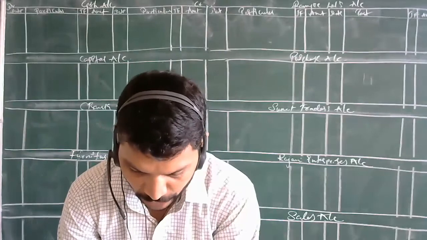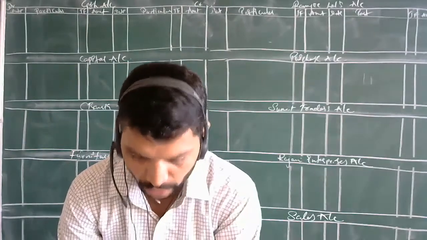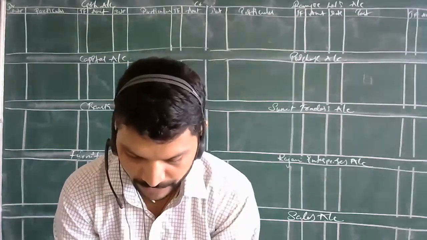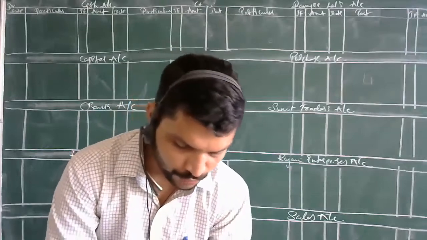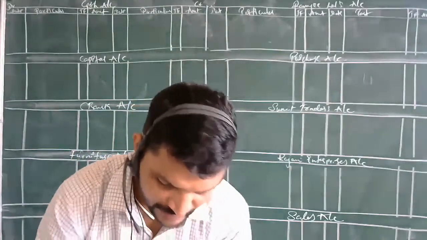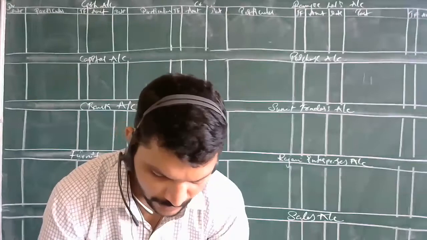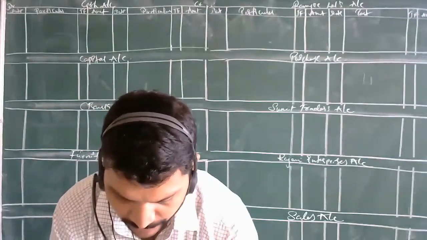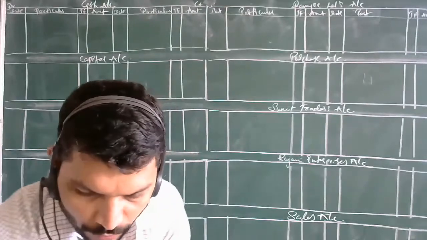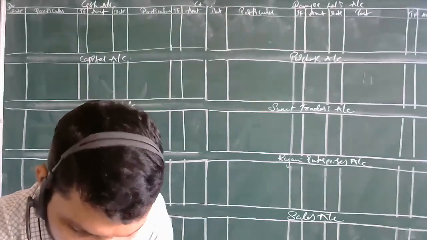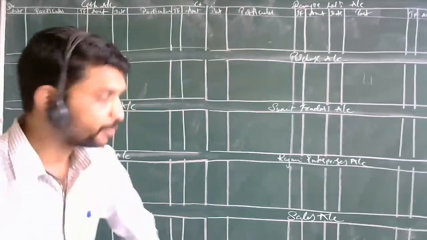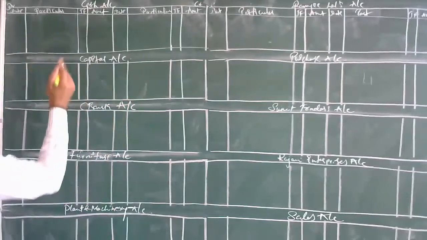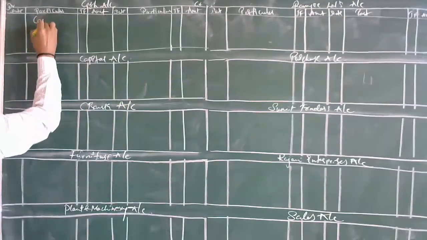Cash account debtor to capital account means cash is debited. Means in the cash account, you are going to pass it on the debit side. Remember the things. In the cash account, you are going to pass the debit. What is the name here? Capital.